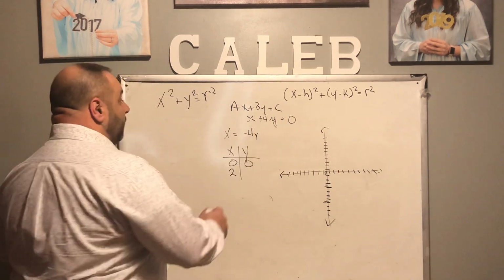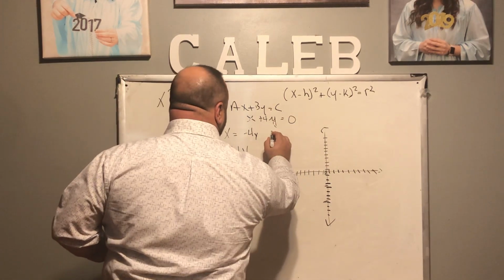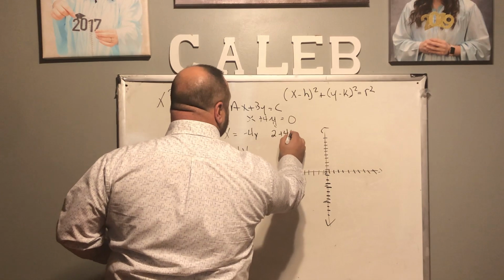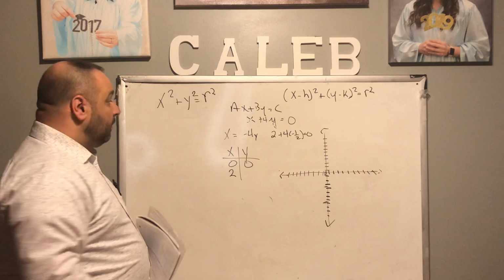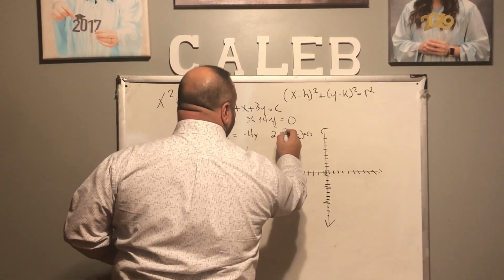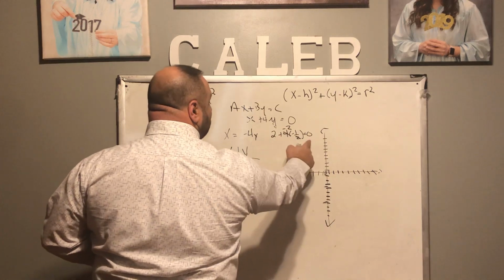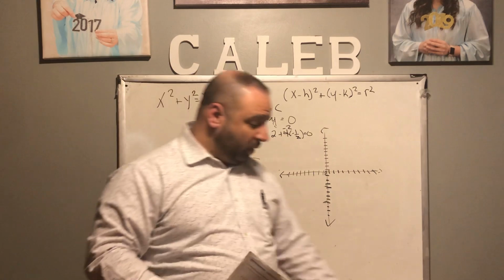We could make it negative 1/2 because this has to be a minus. So 2 plus 4 times negative 1/2 equals 0? These would cancel out, this would be negative 2, so 2 minus 2 equals 0. So we have 2 and negative 1/2.